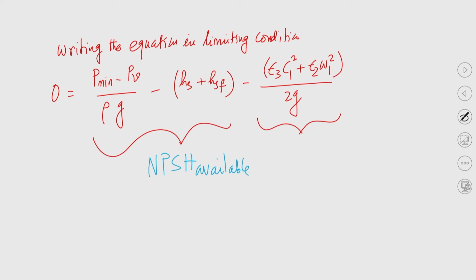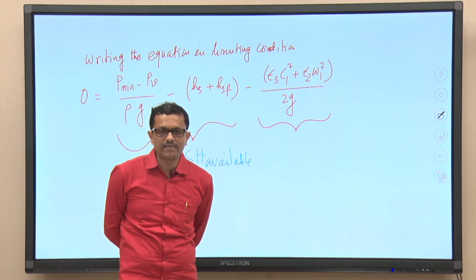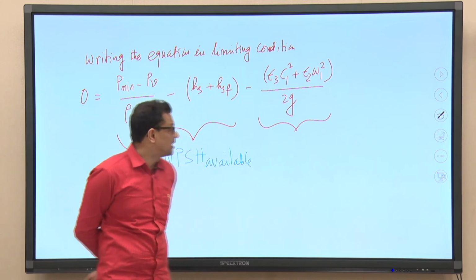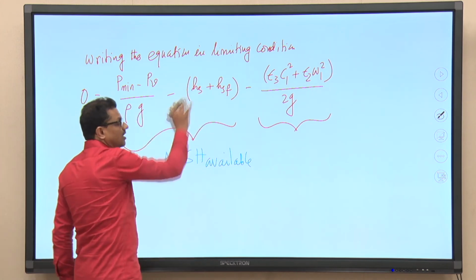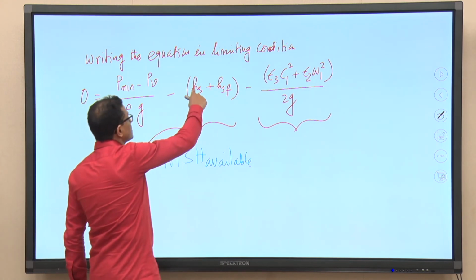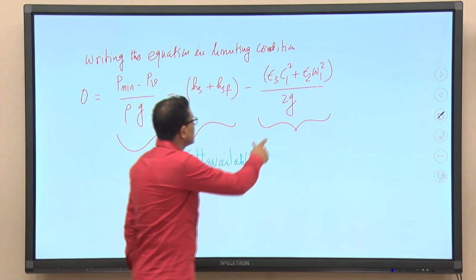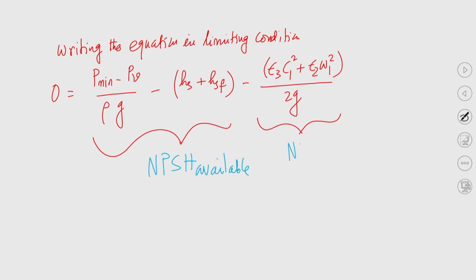The amount of net positive suction head which is available at the suction side essentially depends on the suction line condition, that is, on the static height and also the frictional losses, right. What about this quantity? This is known as NPSH required, which is very important.